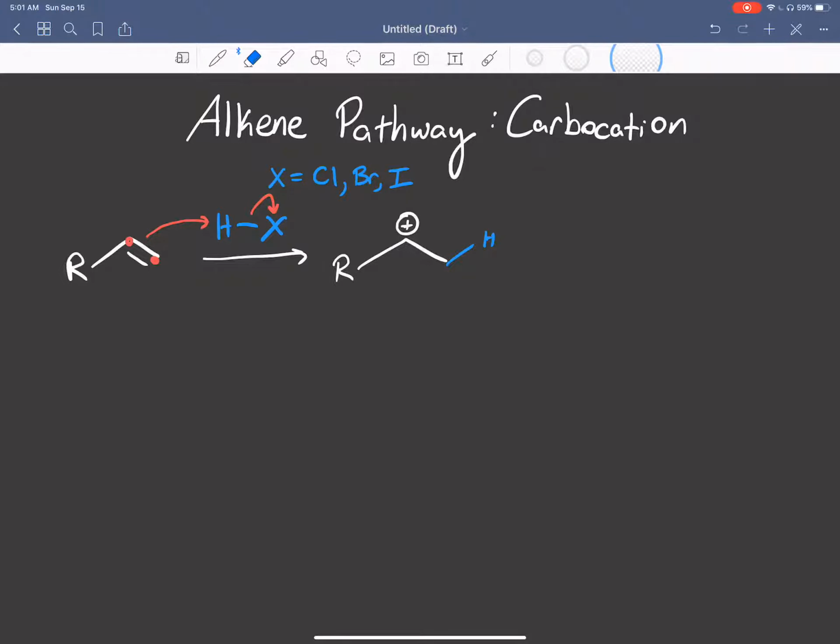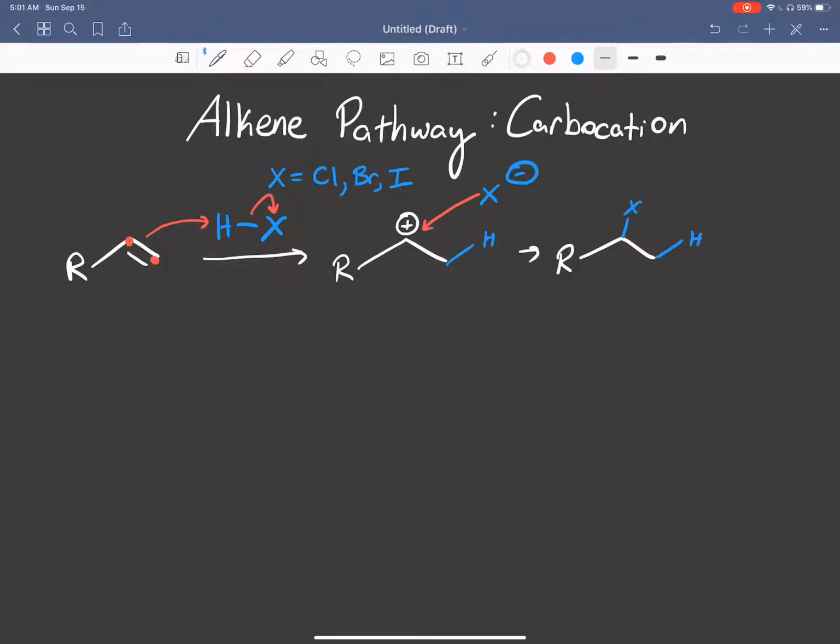Actually, I should just draw this as an X, and that was my mistake. It's going to come in and attack my carbocation. So now we have our hydrogen here and our halogen.